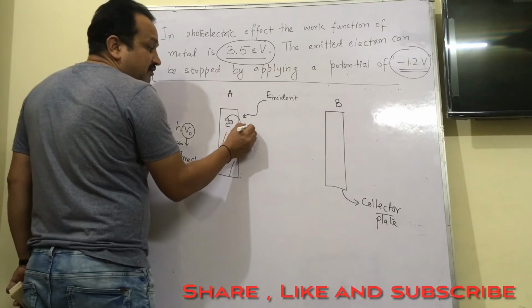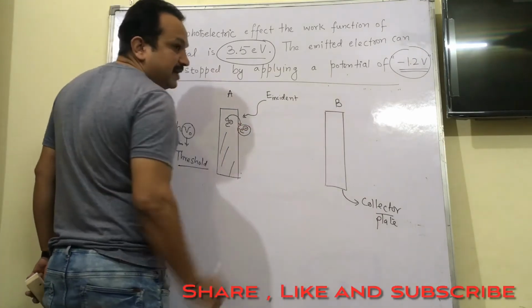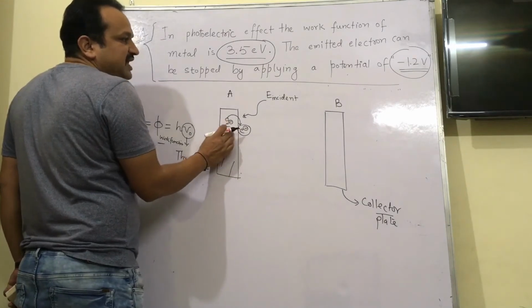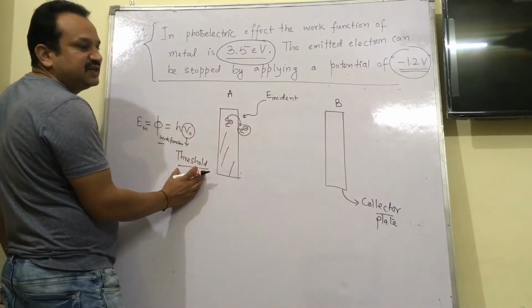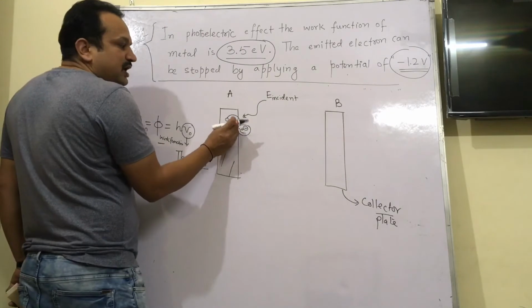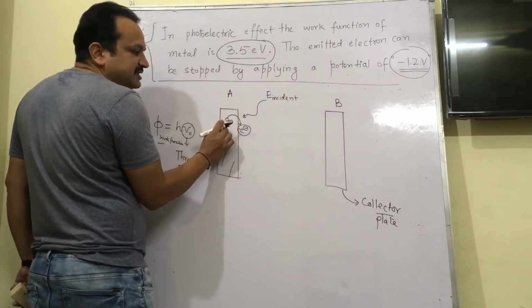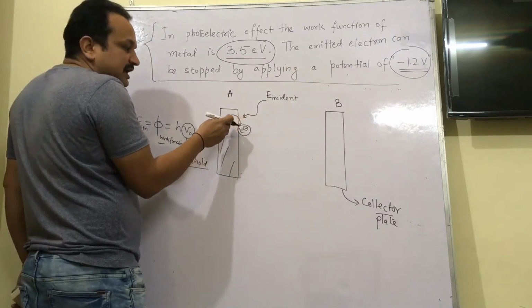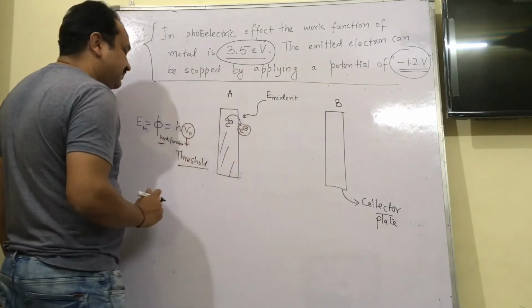But this electron will not go to the collector plate. Why? Because this electron has only a small amount of energy, which is utilized by this electron to come out from inside the metal to the surface.